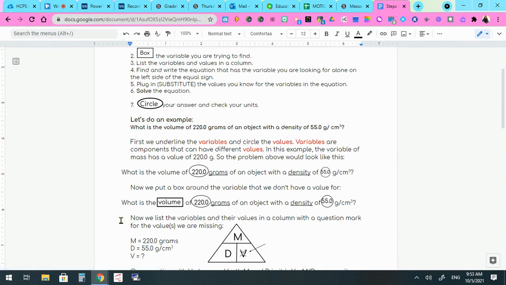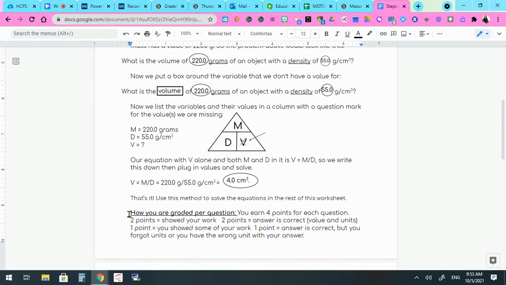So now we list out the variables and their values right here in a column. And we're using a question mark for the value that we're missing. So we have our mass in grams, 220.0 grams. Density is 55.0 grams per cubic centimeter. Don't forget to include units. And your volume is unknown. So we put a question mark there.